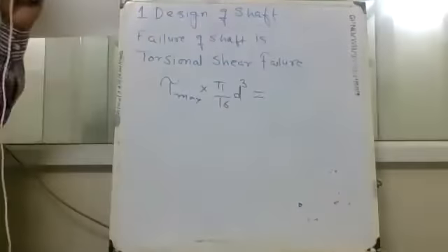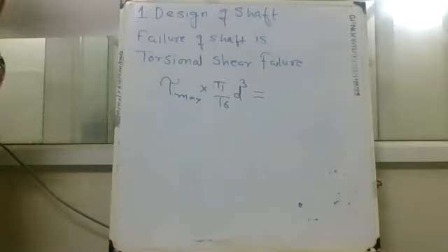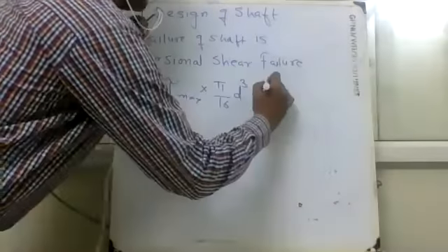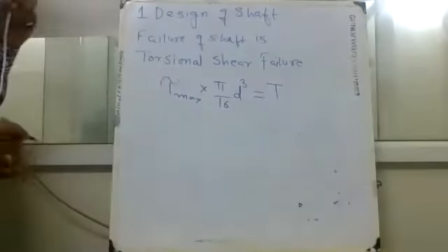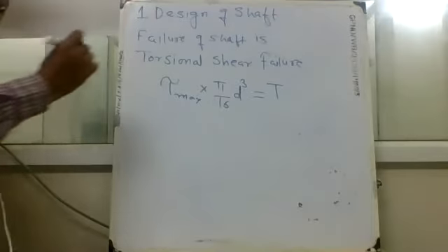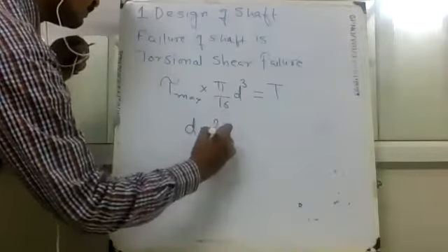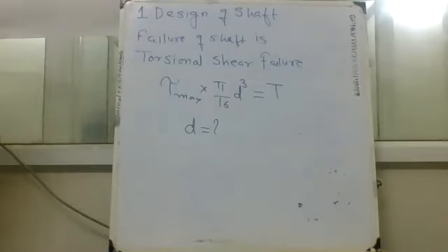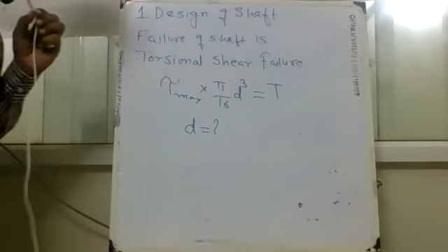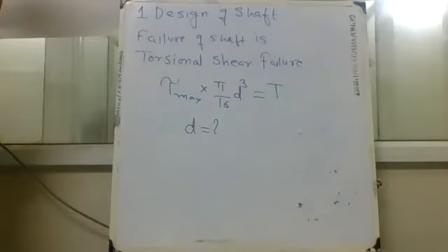Here we don't have any moment. So the equation is like this, equal to T. This is the equation from which we can find the dimension D. Diameter D we can find using this particular equation.